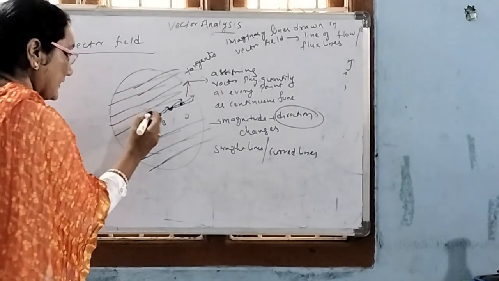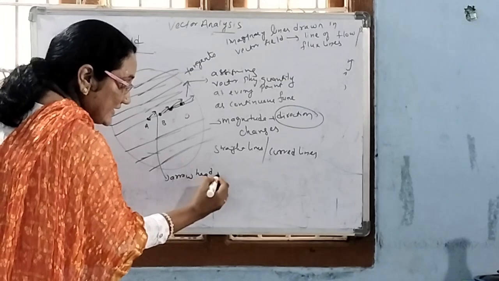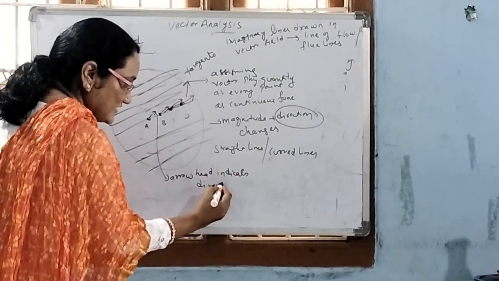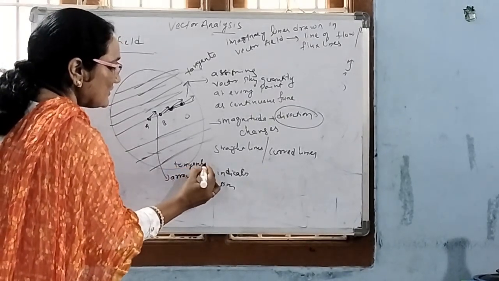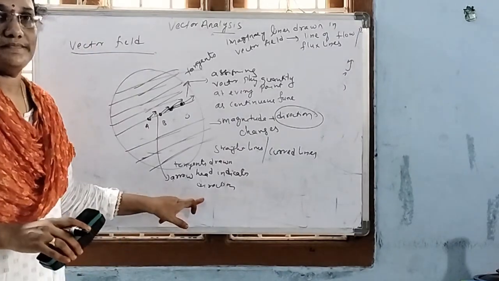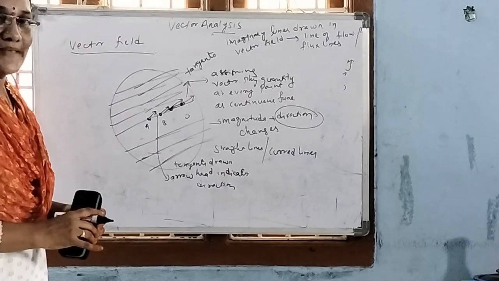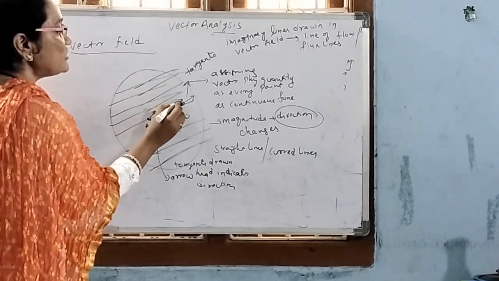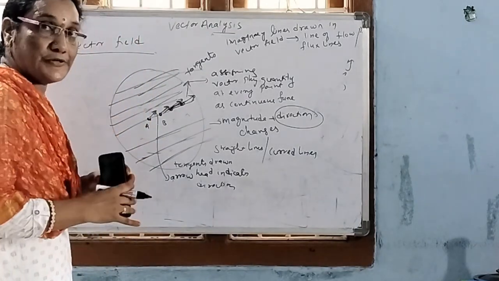This arrowhead indicates the direction. Simply, the tangents drawn indicate the direction. Now see, is the direction changing or not? Yes, the direction changes.